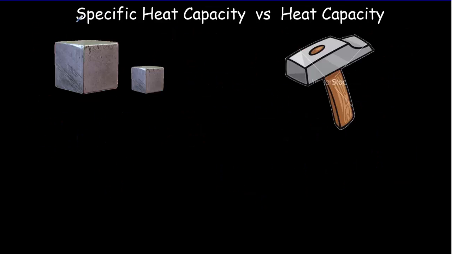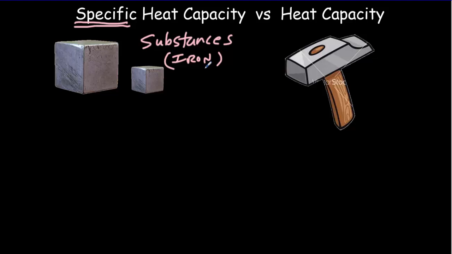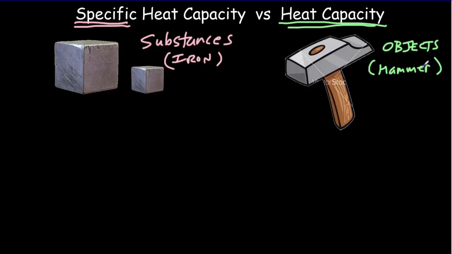So we've been talking about specific heat capacity for substances, such as iron, or water, or gold, etc. But there's something else that's closely related that's simply called the heat capacity. It's about objects, such as a hammer. But it could be a piano, or it could be a boiler with water in it.